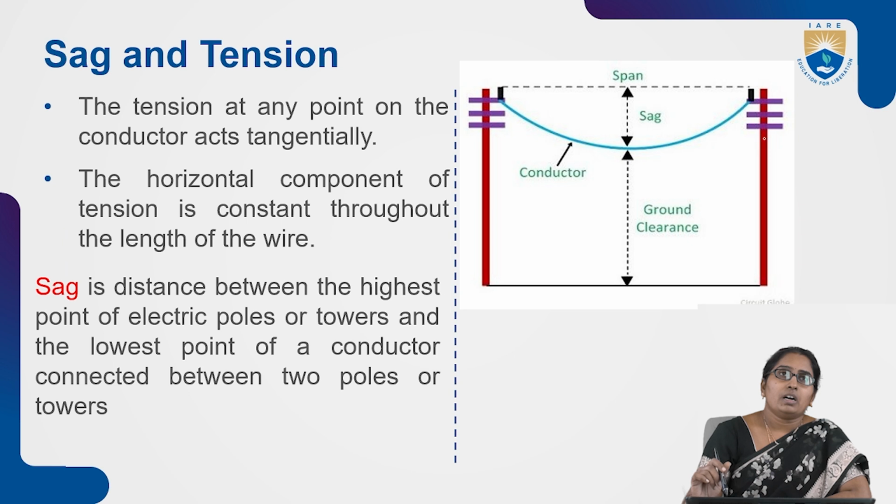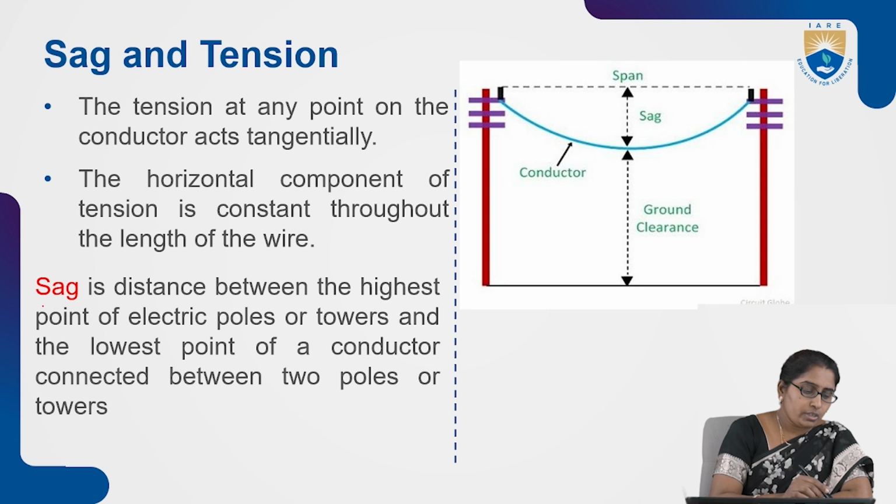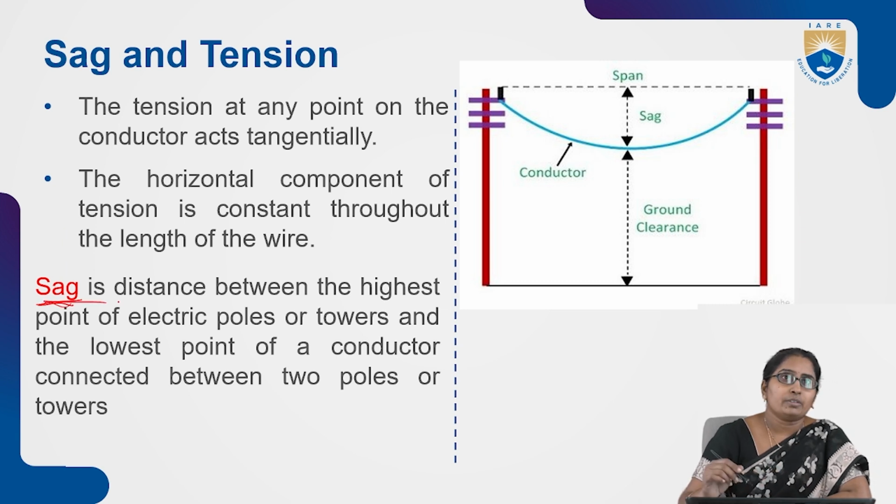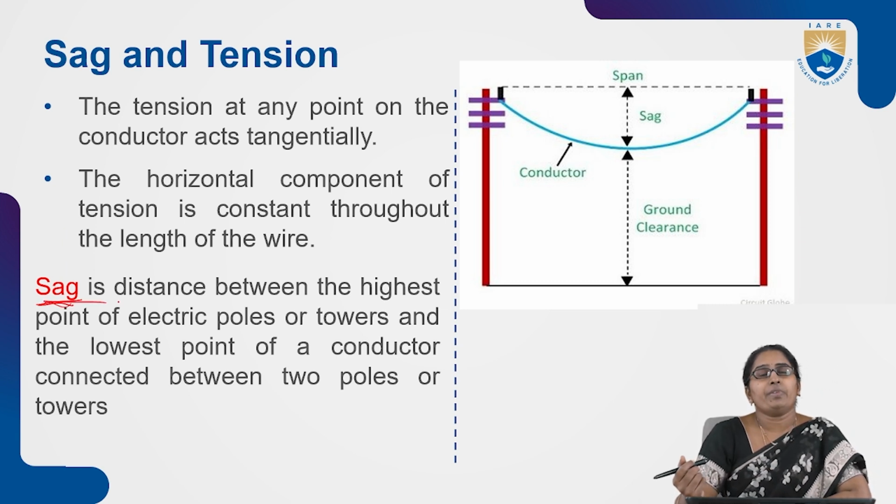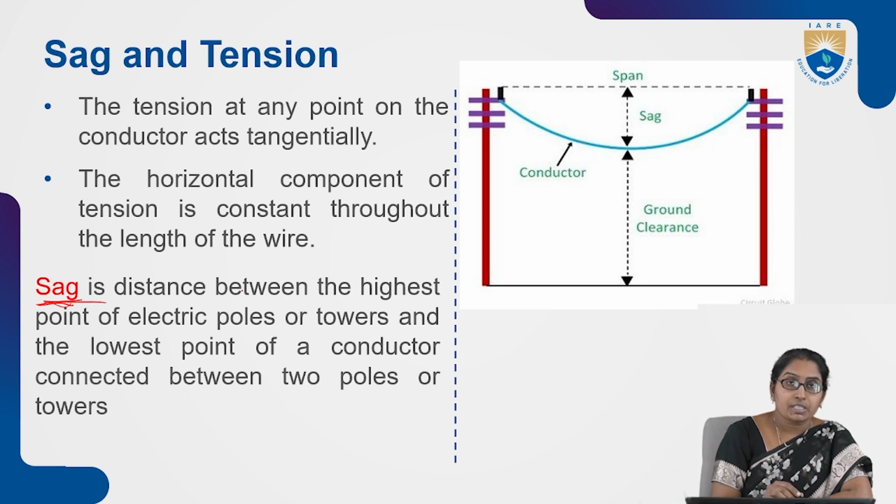Here, this sag comes into the picture. So what is this basically? Sag is defined as the distance between the highest point of the poles or towers, and the lowest point of the conductor.